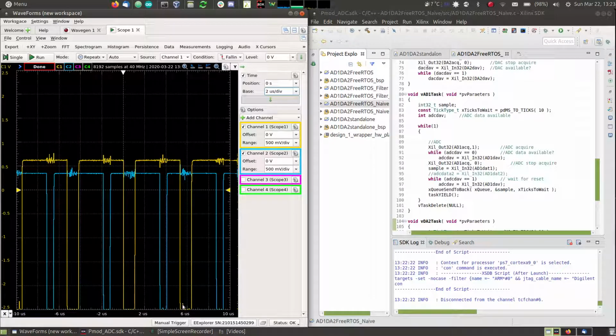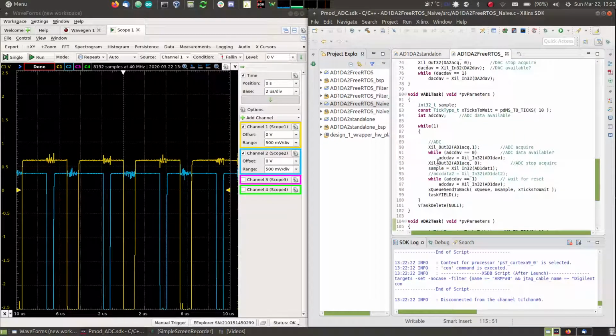It's about 5.3 microseconds, which implies that our throughput in this case is 189 kilosamples per second. And it's slower because we have the overhead of FreeRTOS on top of just waiting for these signals to go high and low.